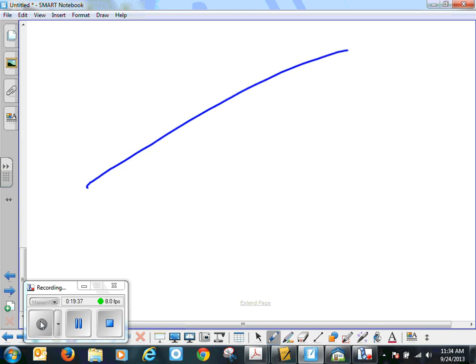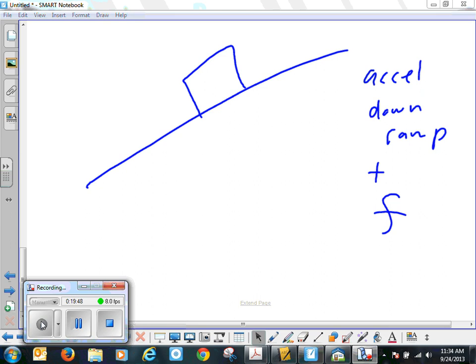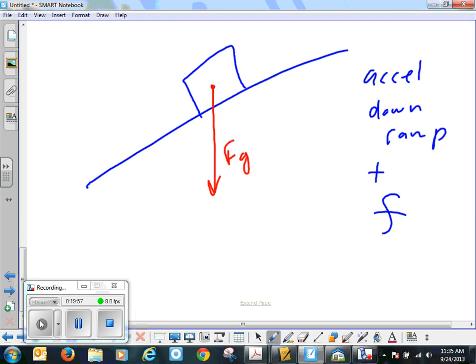Let's say we have the ramp again, but this time we have acceleration down the ramp plus friction. Okay? Pause the video and give that one a try. So if we look at this, we have the force of gravity, and then we have friction.